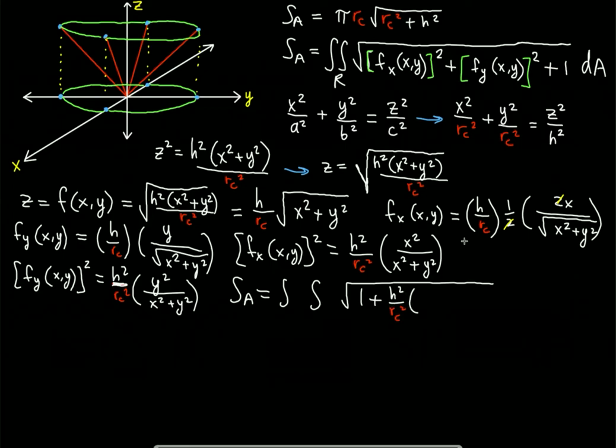Okay, and notice that in both cases, when you're squaring and when you're adding them, you're adding these two, and both of them have h squared over rc squared as common terms. So we can leave that out, and we can just add these two fractions together. X squared plus y squared, and both will be divisible by x squared plus y squared, right?